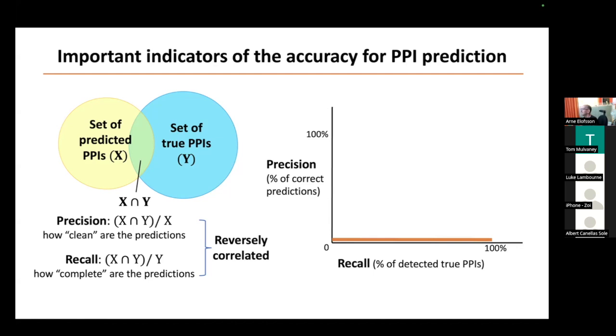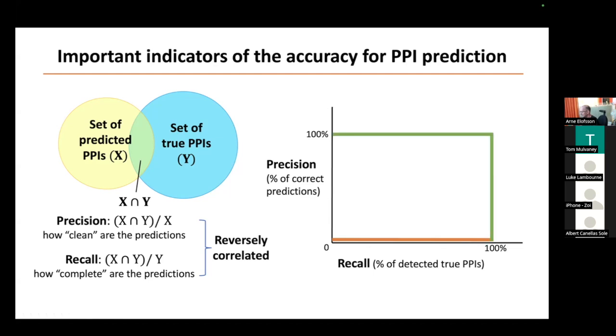So if you have a totally random predictor, then you are just ranking all those proteins randomly. Then you will get a precision versus recall curve that is very close to zero because you have a 1 to 1,000 signal to noise ratio. So for every one positive, you will get 1,000 negatives. So you will get a precision that is close to zero from the beginning to the end.